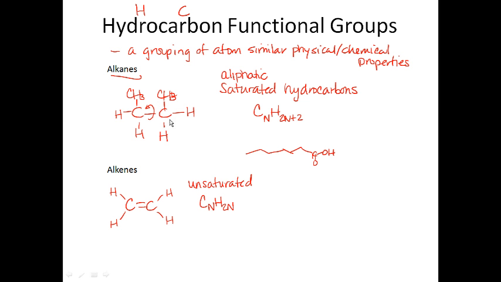Now, I'm sort of violating something here by saying this is a Lewis dot structure and treating it in 3 dimensions. Remember, if I'm going to treat it in 3 dimensions, then I have to use this tetrahedral representation. But if I wanted to rotate group X back, I have relatively free rotation around that carbon-carbon bond.